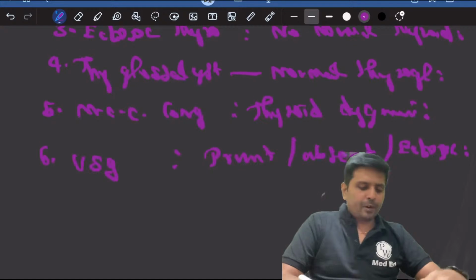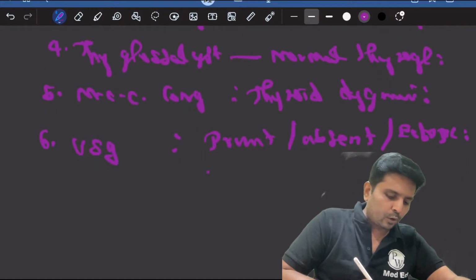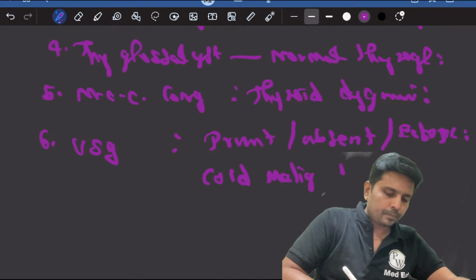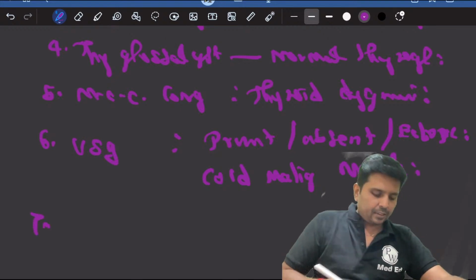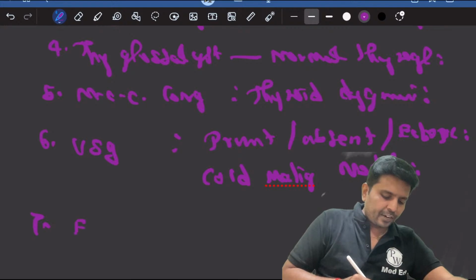Another beautiful point is it will find out a cold malignant nodule.